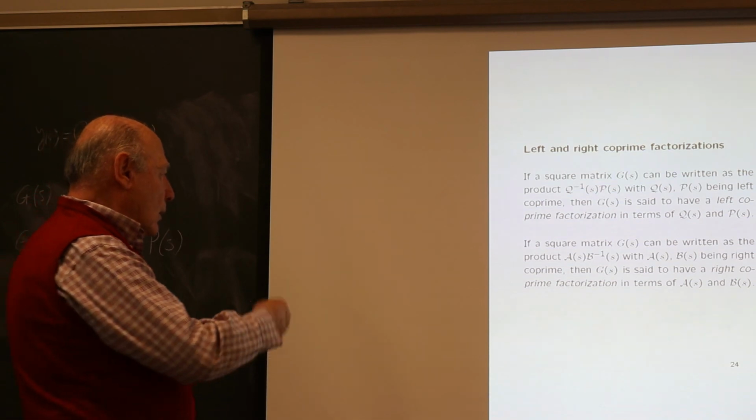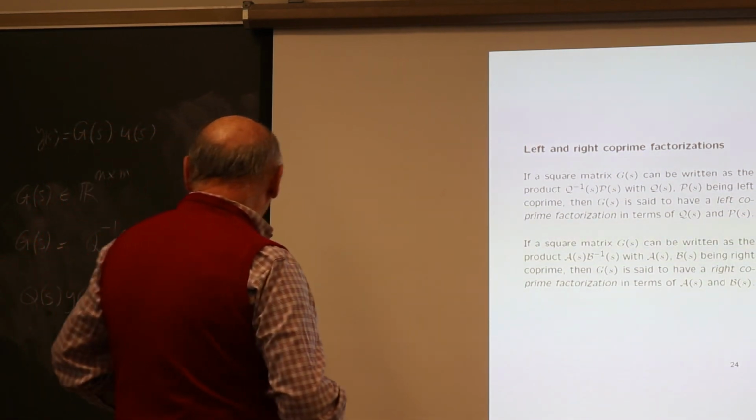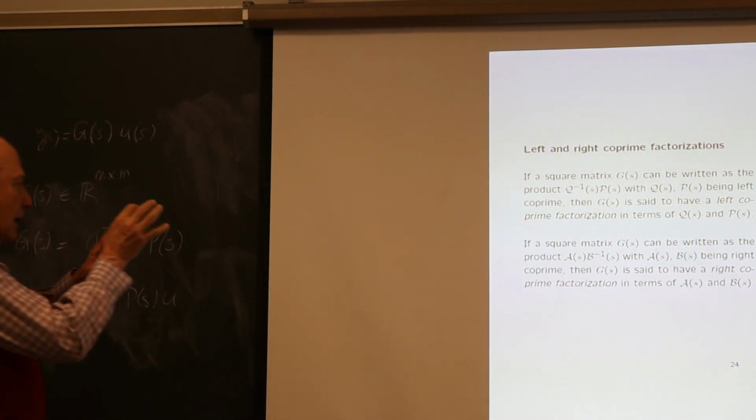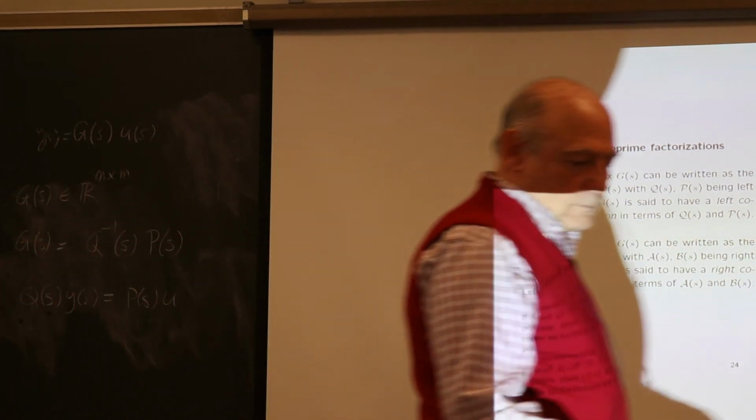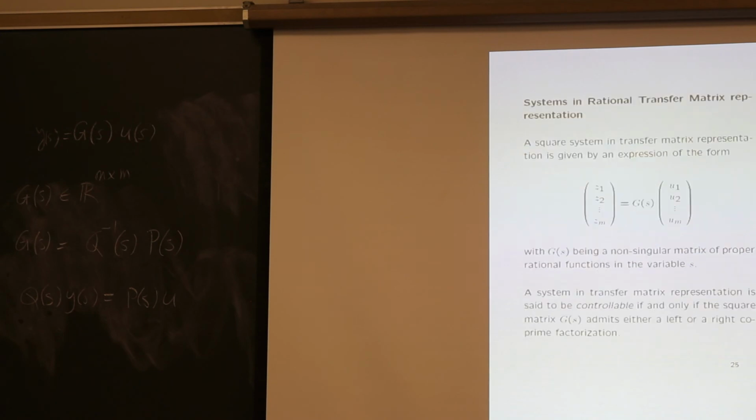Then when you have this right coprime factorization, it's very easy to relate that representation to the previous one. And flatness would still apply. So if you have a system which is a square in rational transfer matrix representation, where G is a non-singular matrix, this is the first condition.